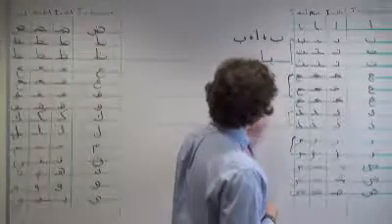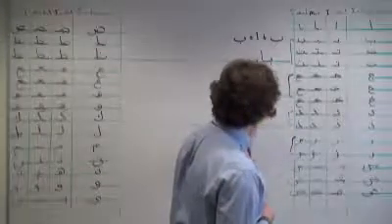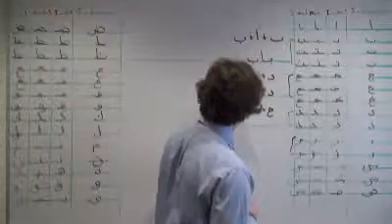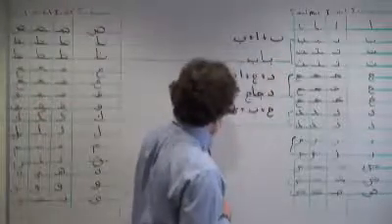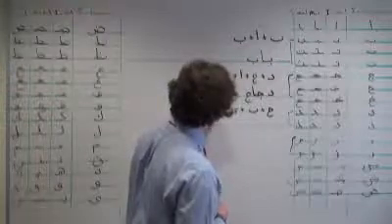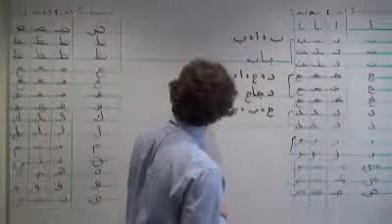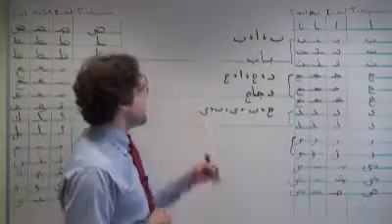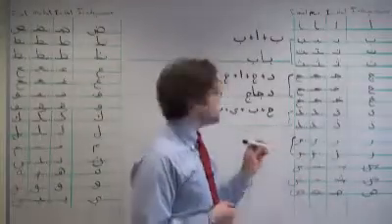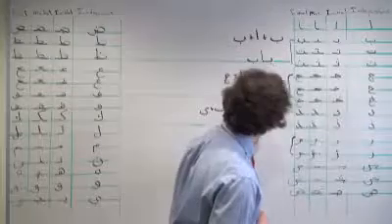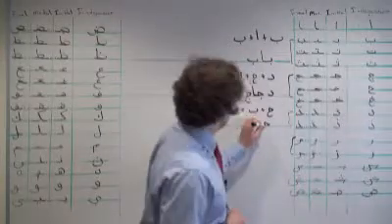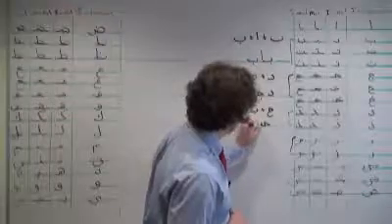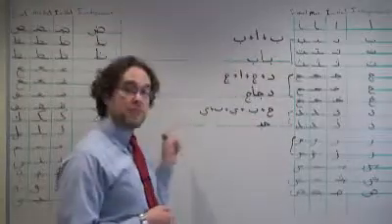Here's one that's a little longer. Ha, ba, ya, ba, ya. So we start with the initial form of ha, connect it to the medial form of ba, and here we're going to have kind of a string of medial forms in the word.